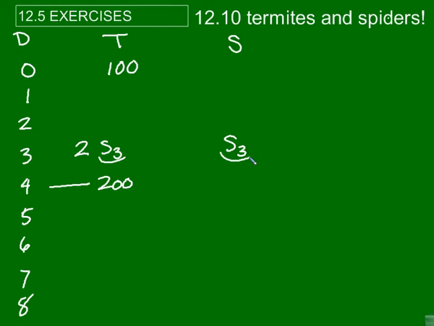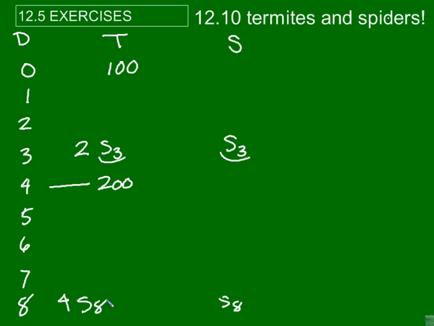Okay? Now, we also know that 8 days after moving in, there are 4 times as many termites as spiders. Okay? So 8 days, so S of 8, there are 4 times as many termites as spiders. All right? There we go. So that's enough information.